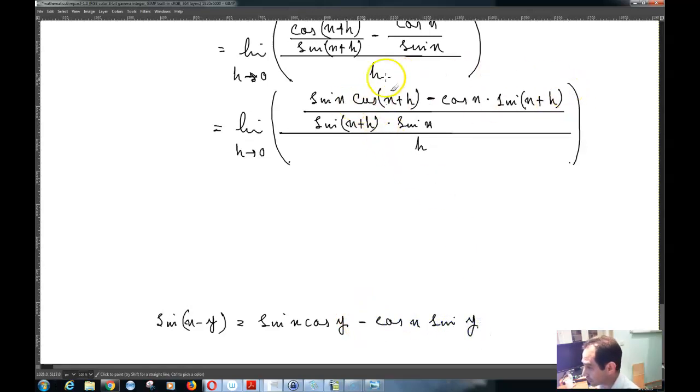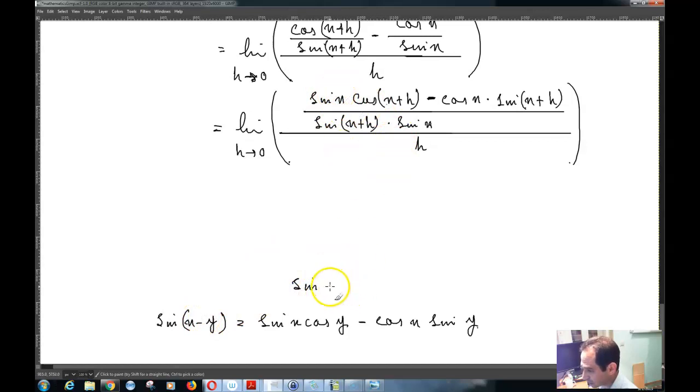And if you look at this expression over here, it's exactly the same thing, meaning that you have sine x cos of x plus h minus cos x sine of x plus h. So you have x over here and x plus h over here. These are the same angles, and this is sine times cos, this is cos times sine, and you have the negative sign over here. The exact same formula. So this is equal to sine of x minus y.